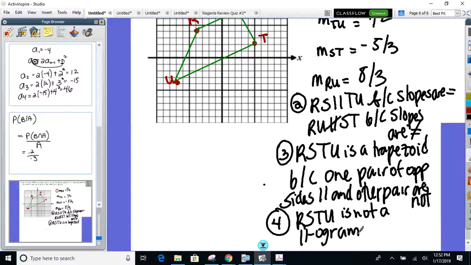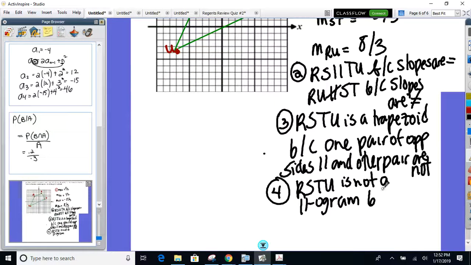RSTU is not a parallelogram because? Go ahead, Victoria. It's your show. Because one pair of opposite sides is parallel, while the other is not. There you go. Yep.